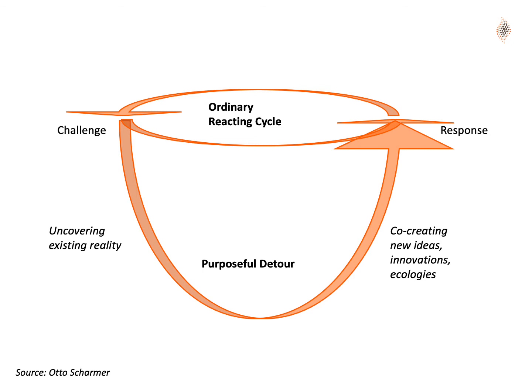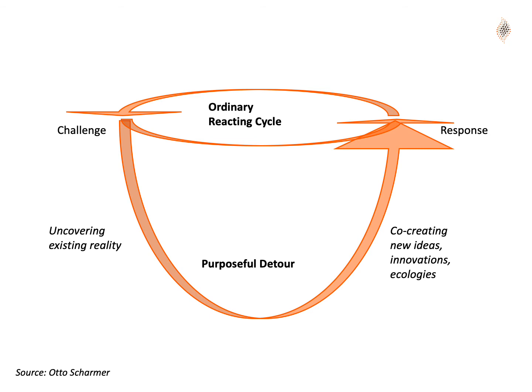So we get to the most efficient way of addressing the problem. And we apply, obviously, what we know. So at the top left of the slide, we have a challenge, and top right, we get to the response as quickly as possible. So there you've got your ordinary reacting cycle of challenge response happening at the top of the slide.